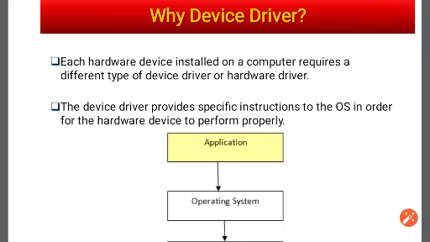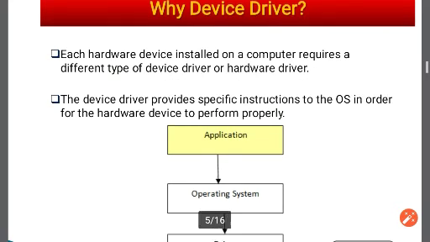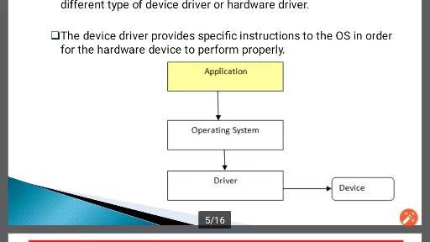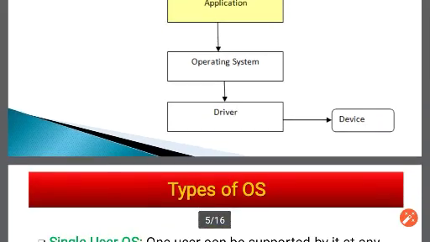So the device driver provides specific instructions for the operating system in order to work properly with the hardware device. You can see a flow of working, how it is working. From the application software, it is going to the operating system, and from there the driver and then the device. So in this way, the workflow is there.